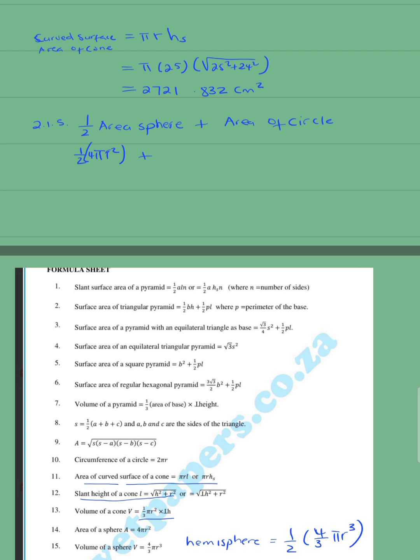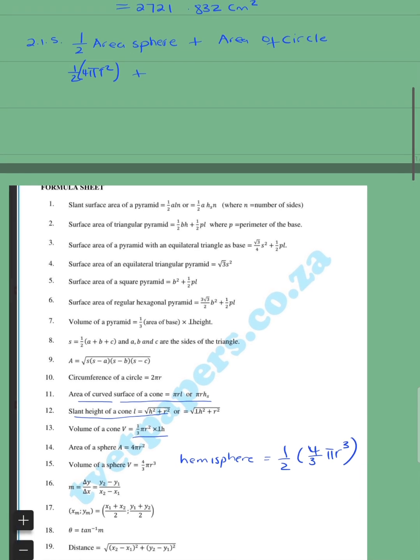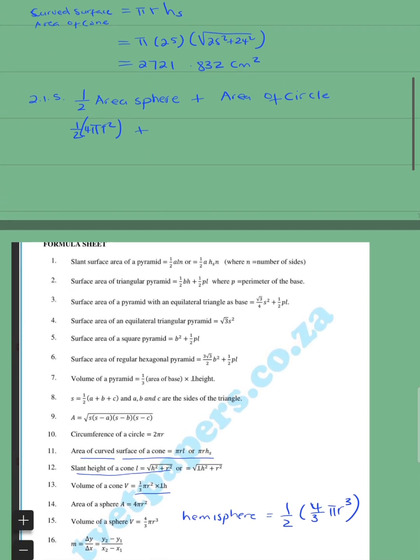Plus the area of a circle, which is pi r squared, from level 2.